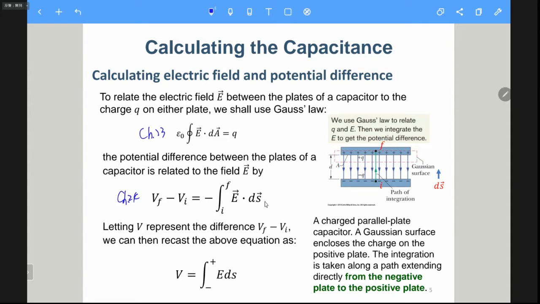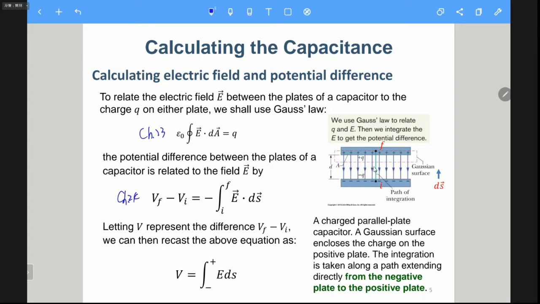We make use of these two expressions. Of course, we already know that the E field is uniform inside, and the E field is parallel to the path. In this case, we consider the initial point at the negative plate and the final point at the positive plate, perpendicular to the plate.